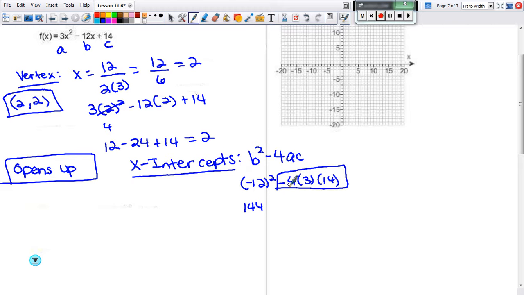And then you multiply these together. That's 168. So minus 168. That's going to be a -24. Because the discriminant is negative, there are no x-intercepts.